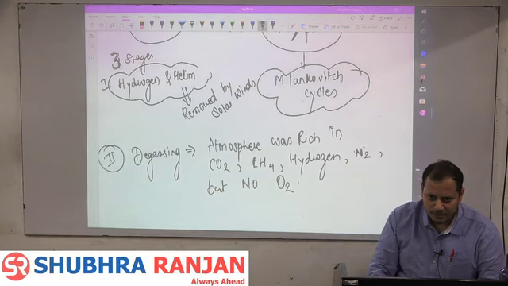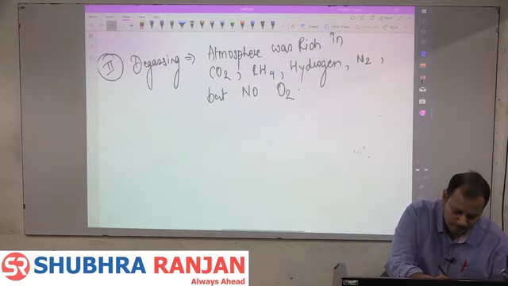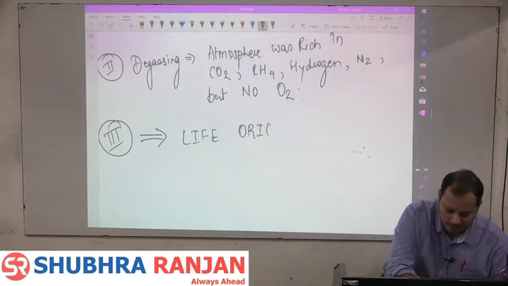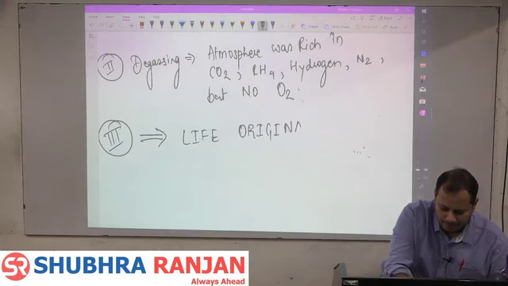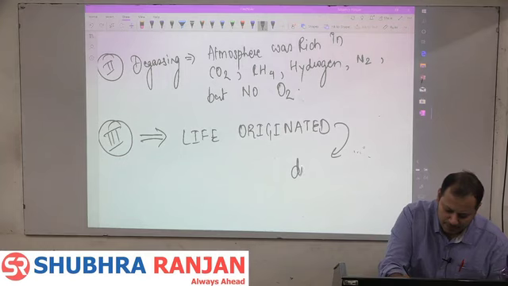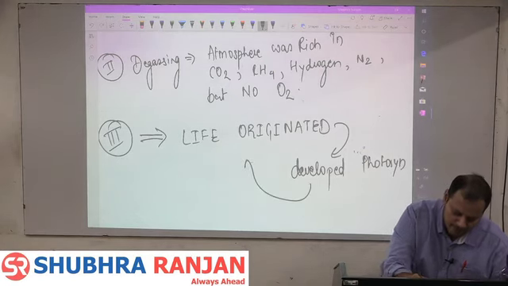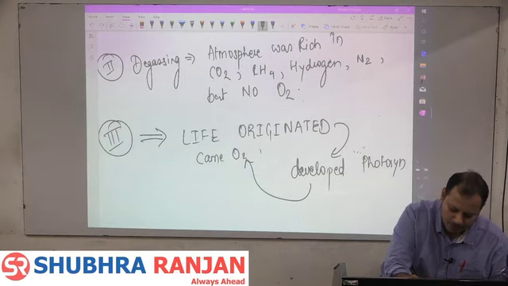There was no oxygen, right? And in the third stage, life originated. Then some part of the life developed photosynthesis, and after that came oxygen on Earth.